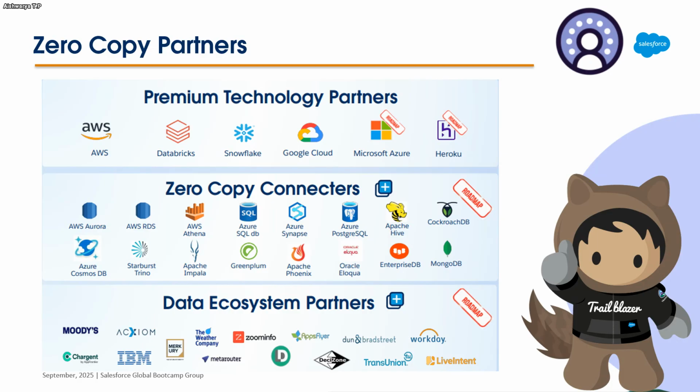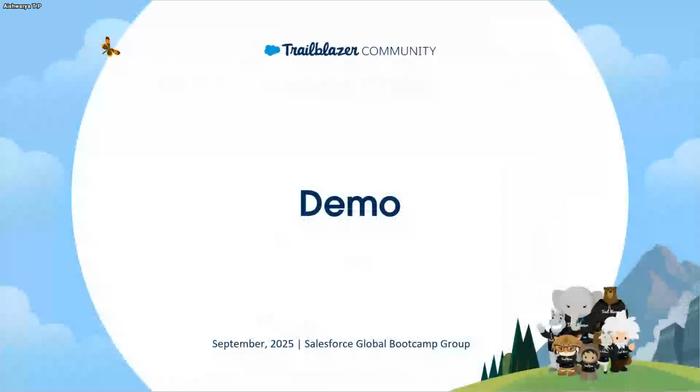As you can see, zero copy connectors and zero copy data ecosystem partners are all together like a roadmap. These are all roadmap items planned, and as I told, zero copy is very rich. So you might see some things coming up in Dreamforce and also later after Dreamforce.